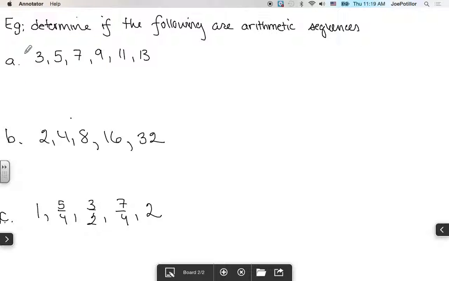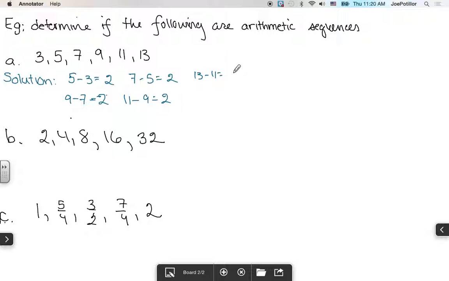Now, in the first situation here, for letter A, right, I can see that 5 minus 3 is 2, 7 minus 5 is 2, 9 minus 7 is equal to 2, 11 minus 9 is equal to 2, and, of course, lastly, 13 minus 11 is equal to 2.